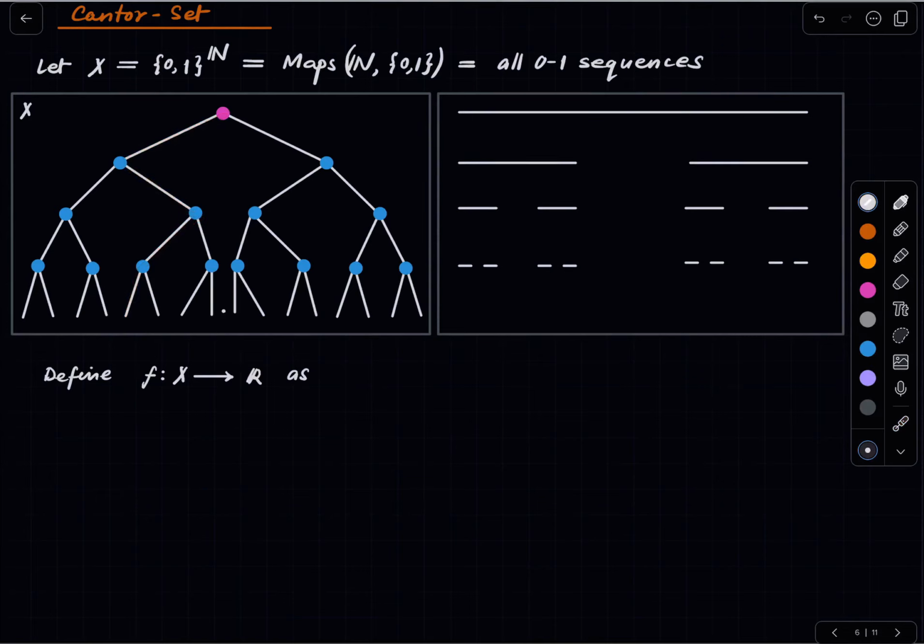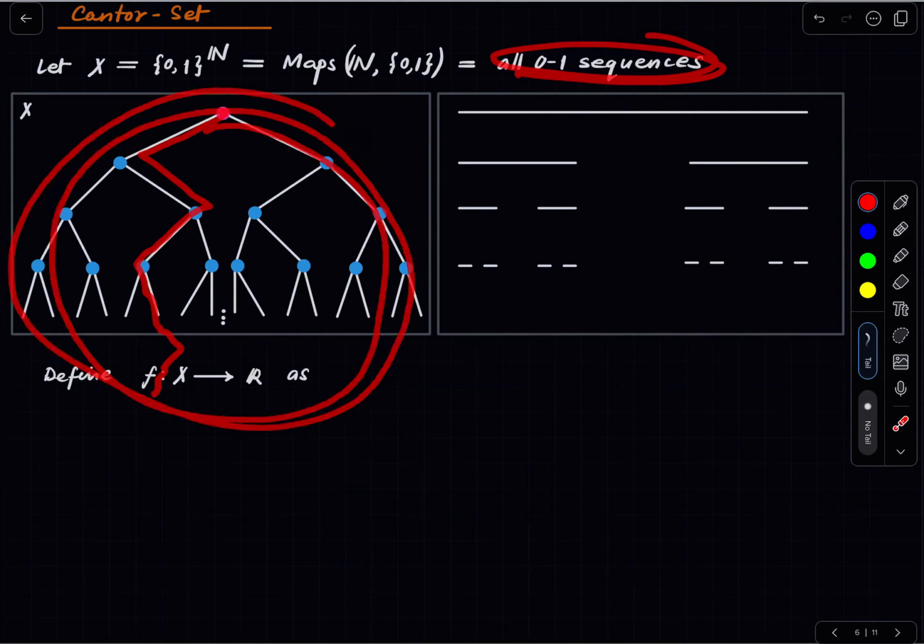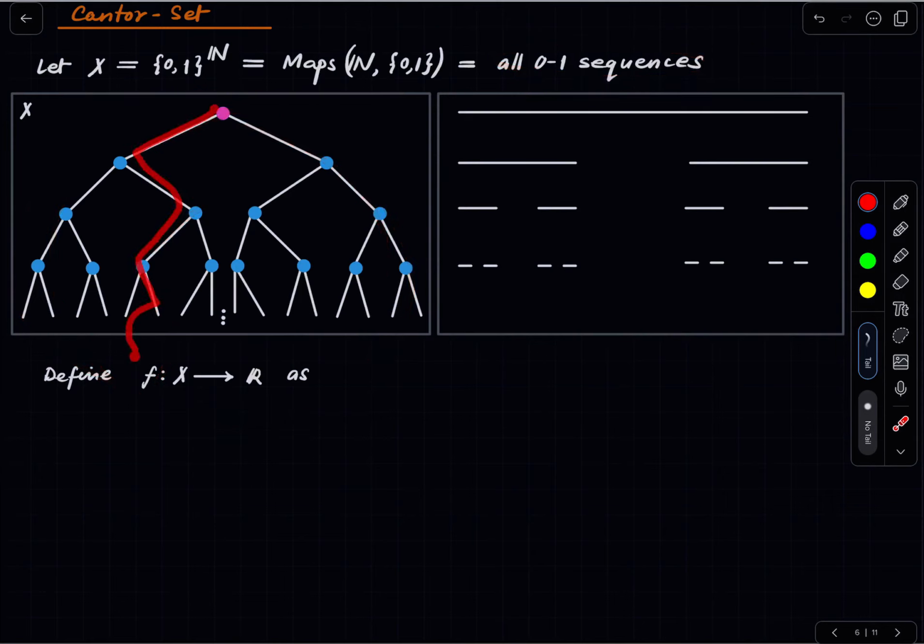It just keeps on developing. So every 0, 1 sequence gives rise to an infinite path in this infinite tree. And every infinite path in this infinite tree gives rise to a 0, 1 sequence. So every point of X can be thought of as an infinite path in this grisly object.